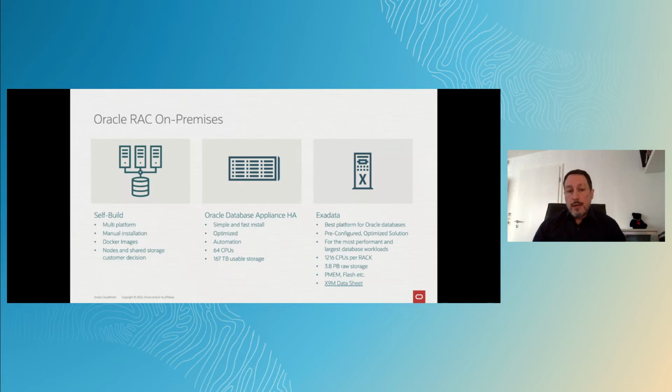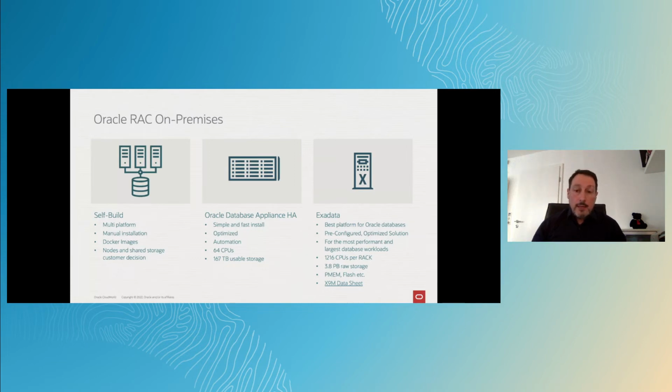And there's a small brother, so to speak, which really does make the Real Application Cluster installation very fast and simple, which is the Oracle Database Appliance High Availability. Though it has a quite limited capacity because it's only 2 nodes with 64 CPUs and only 160 terabytes of usable storage.